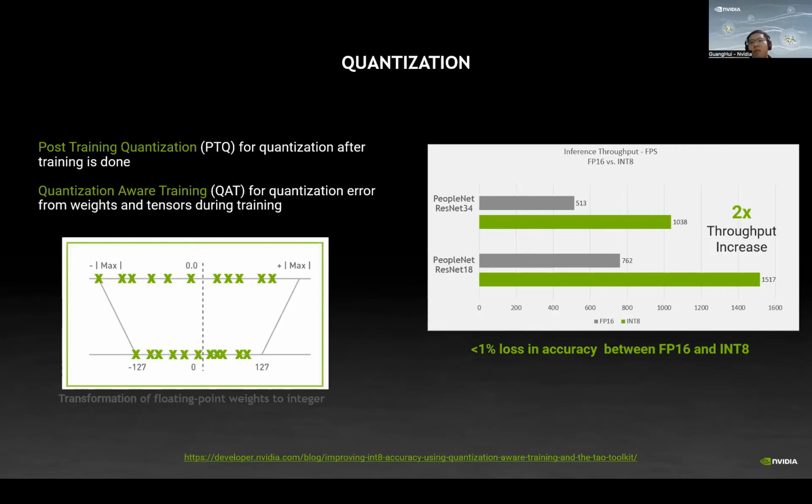By doing just direct quantization, sometimes you will lose a lot of accuracy, because going from FP32 into INT8, you basically shorten the range of the integers. So sometimes it loses some accuracy. By doing quantization aware training, which you can easily configure with the Tau toolkit, you maintain the accuracy, and the accuracy loss is less than 1%. But you can see from the right-hand side that you get a huge improvement in throughput, about 2x compared to FP16 performance.